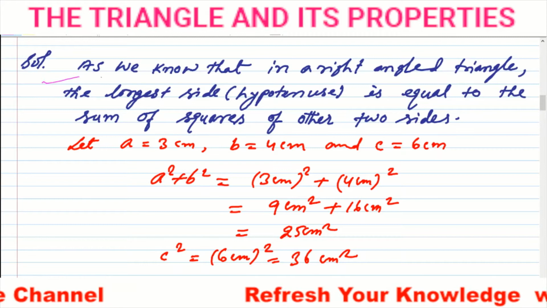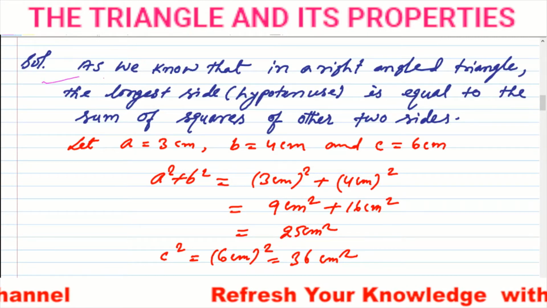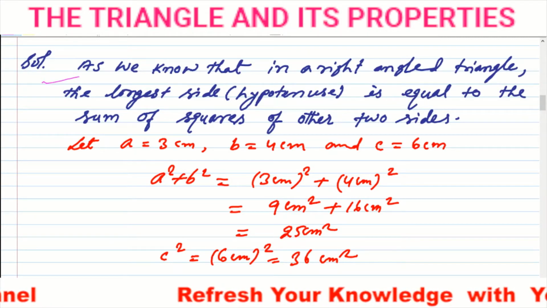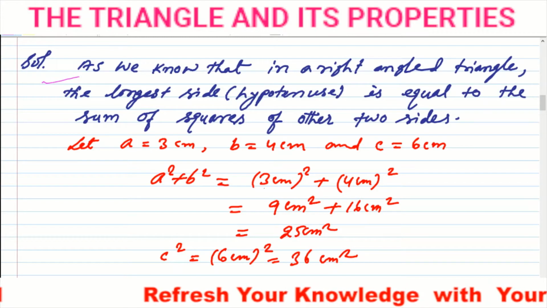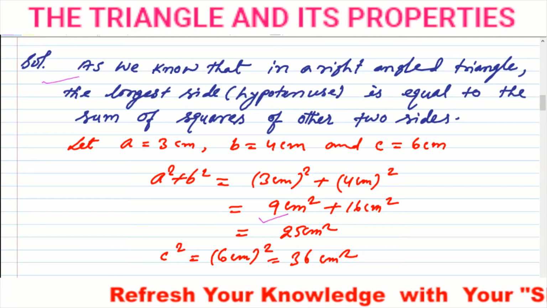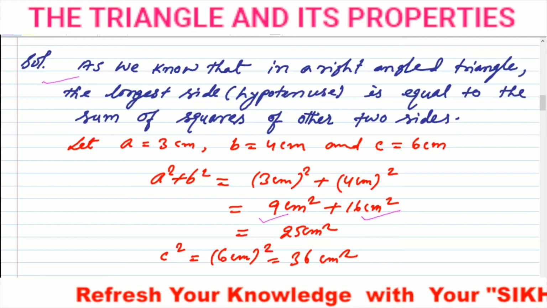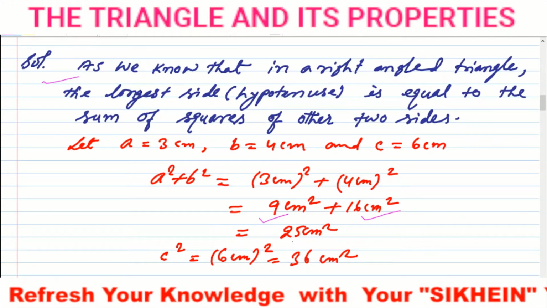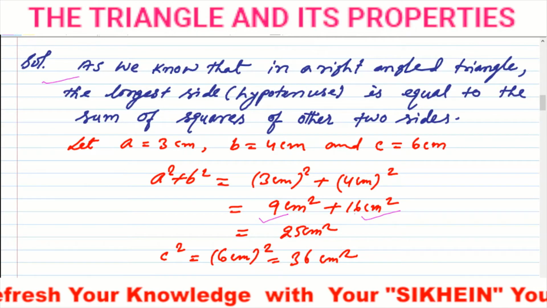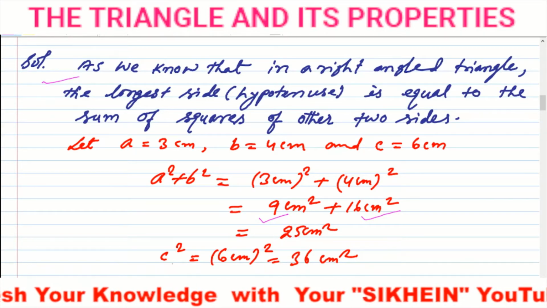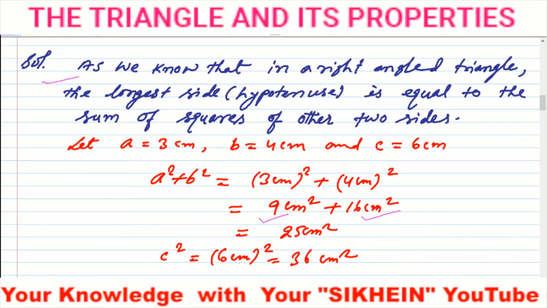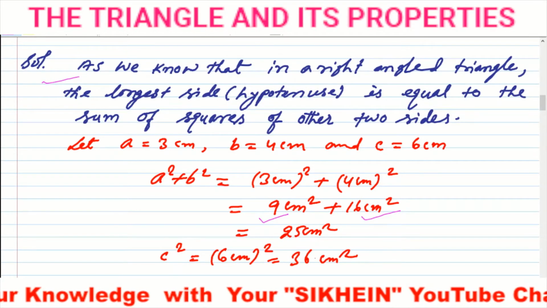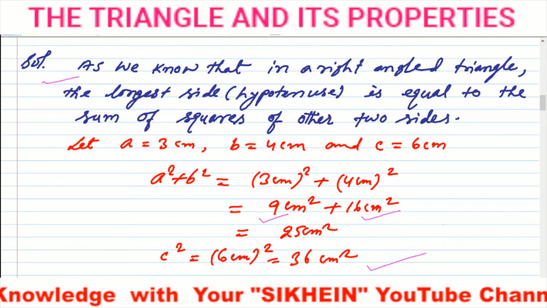a square plus b square equal to 3 centimeter square plus 4 centimeter square. 3 centimeter square equal to 9 centimeter square, 4 centimeter square equal to 16 centimeter square, 25 centimeter square after adding. c square equal to 6 centimeter whole square equal to 36 centimeter square, right?